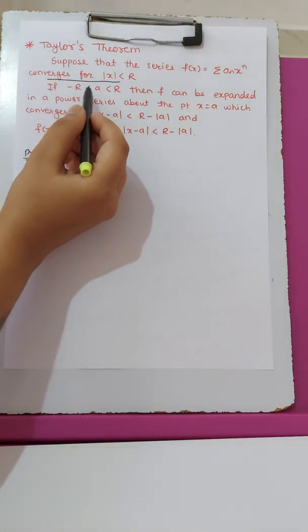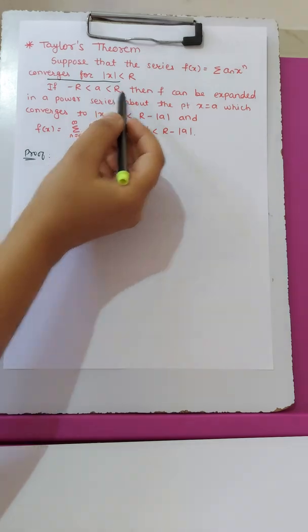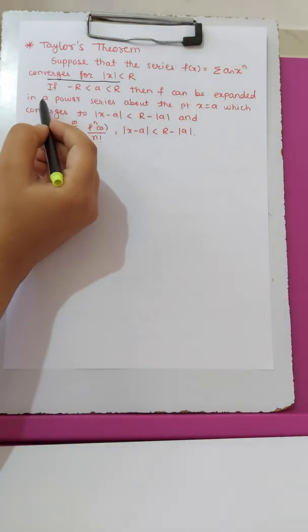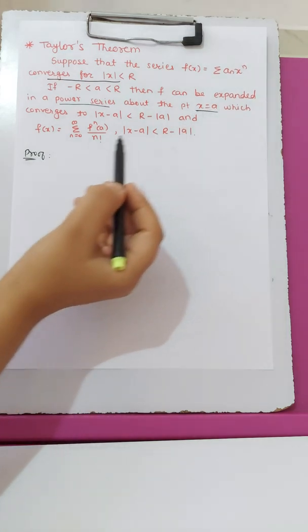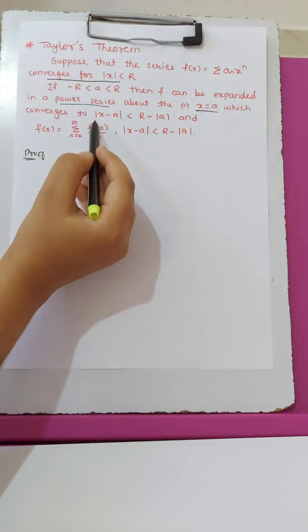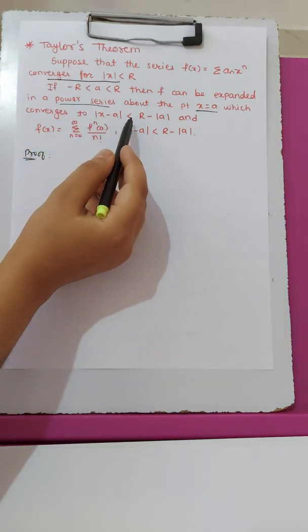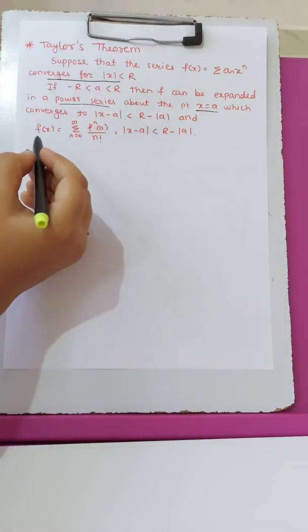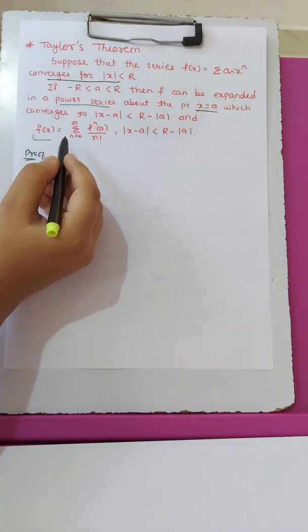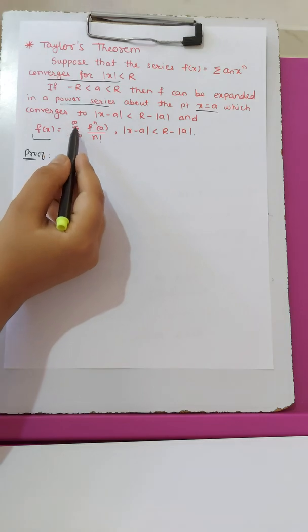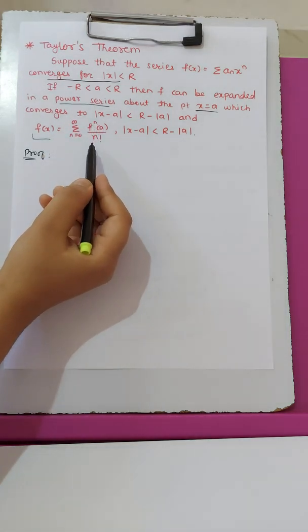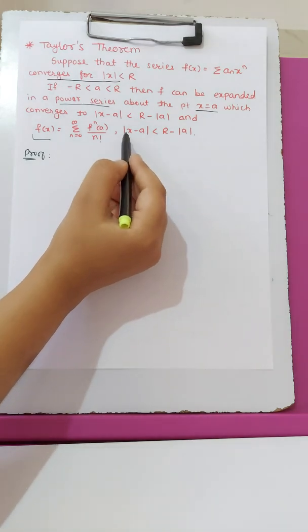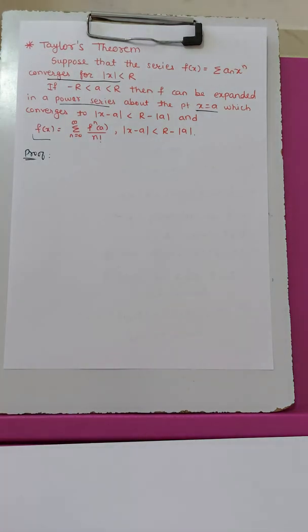If minus r is less than a less than r, then f can be expanded in a power series about the point x equals a, which converges for mod of x minus a less than r minus mod a, and here f(x) is equal to summation n from 0 to infinity f^(n)(a) upon n factorial (x minus a)^n for mod of x minus a less than r minus mod a.